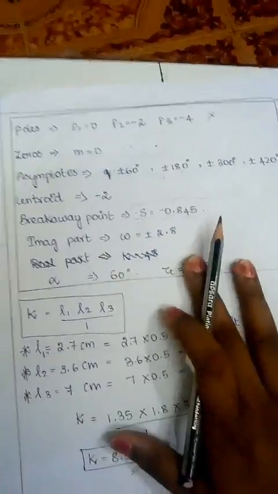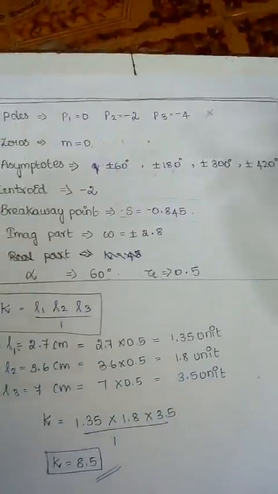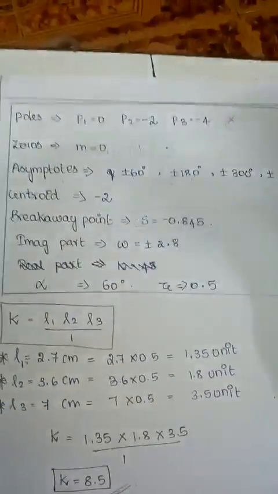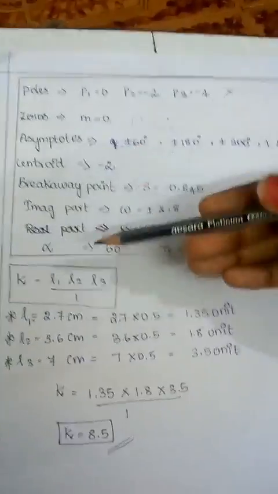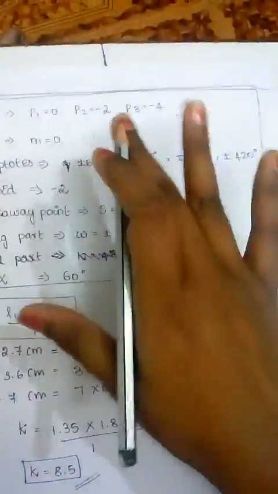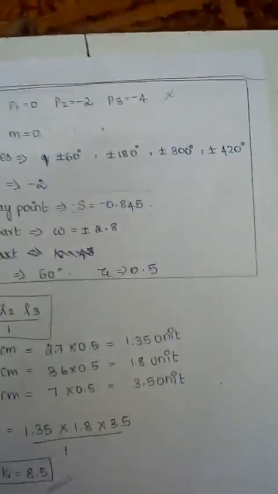Next, at last we found all the equations and all the poles, zeros, asymptotes, centroid, breakaway, real part and alpha, and at last we have to find the k value by using the graph. This is a normal graph.